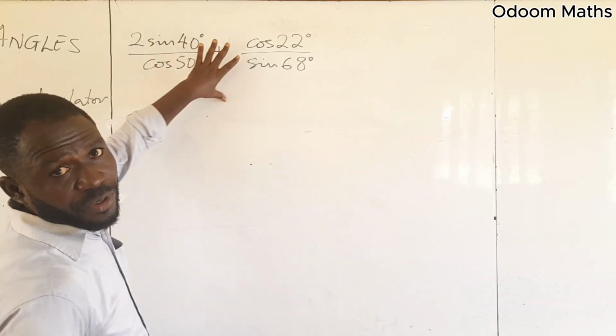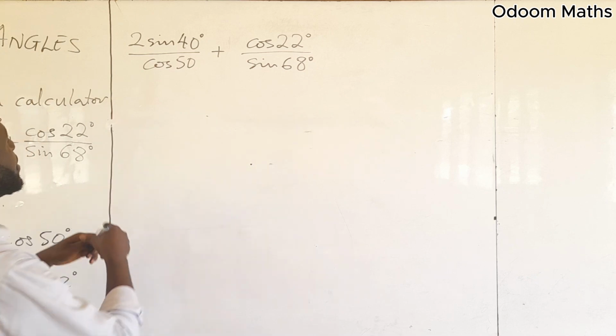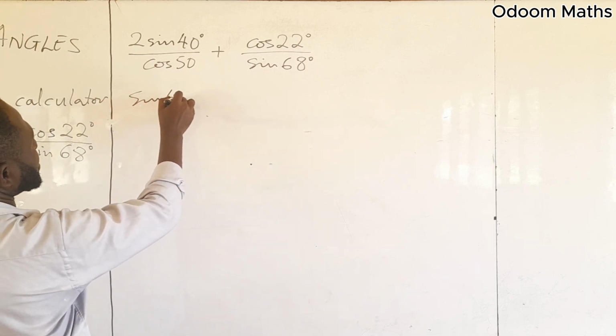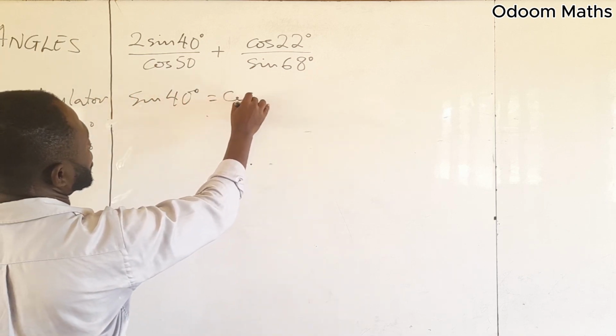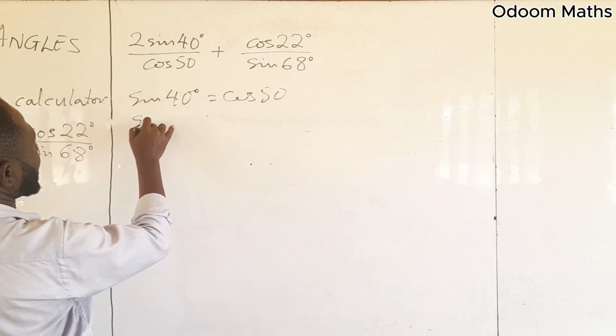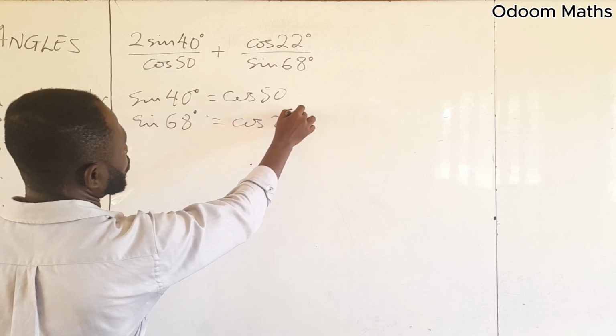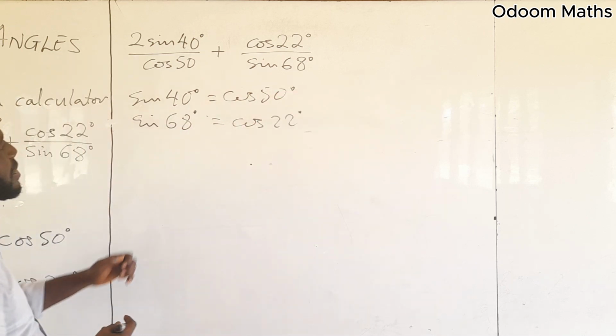I've just written the question here. So we got sine 40 to be equal to cos 50, and also sine 68 is equal to cos 22. Now let's substitute.